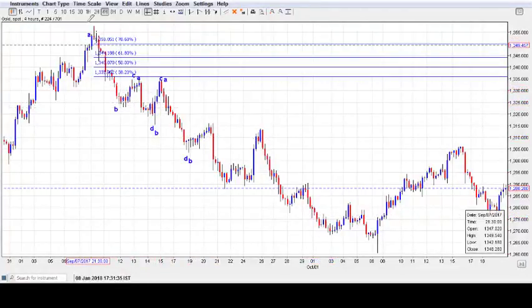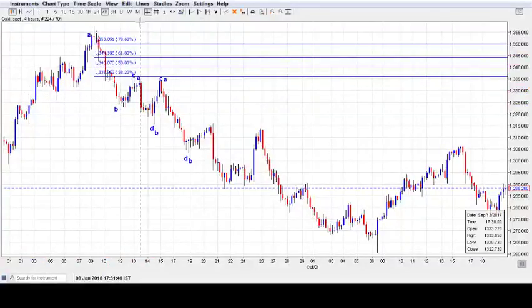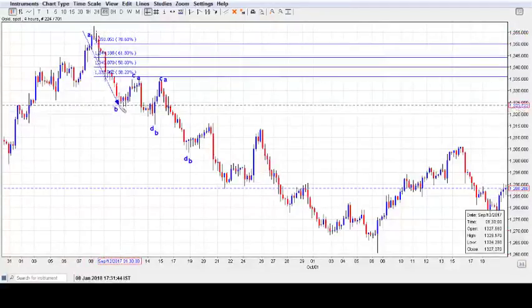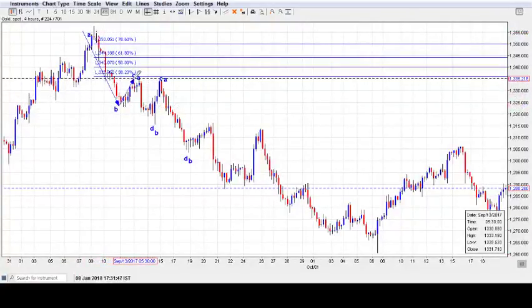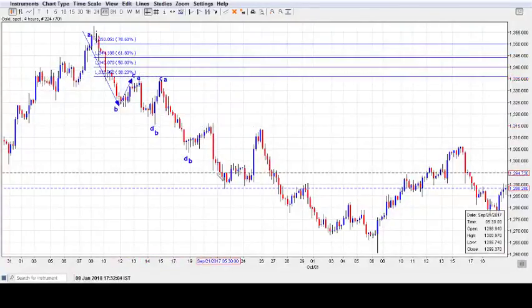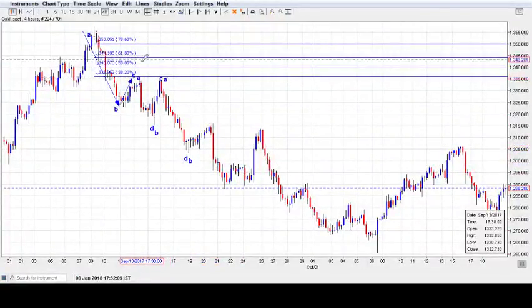Believe it or not, just after the first AB boundary printed here, we would have gone short somewhere around 38.2%. But whether you want to sell at 38 or 50 or 60, it depends. Sometimes it goes as deep as the 61.8%. Sometimes it retraces only the 38.2% and boom, reverses lower. So you can always take your chances at these levels, okay?